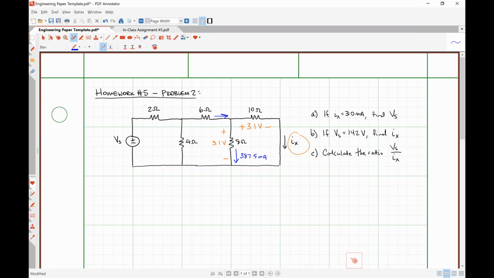Wouldn't your voltage still be the same? So you just do 3.1 volts divided by 6 ohms? In order for the 6 ohm resistor to have a 3.1 volt drop over it, it would have to be in parallel with the 8 ohm resistor and the 10 ohm resistor. And that isn't the case. So let me explain why. We have this node, and we have this bottom node.